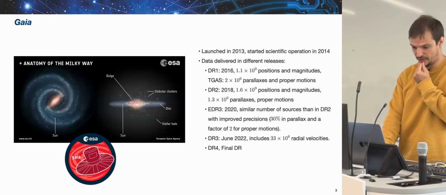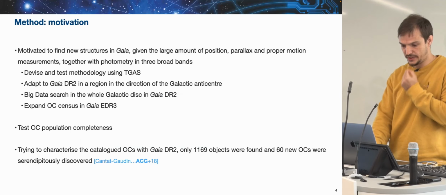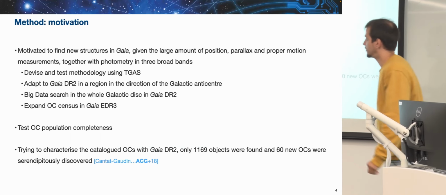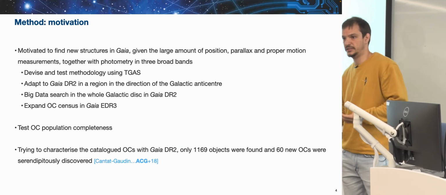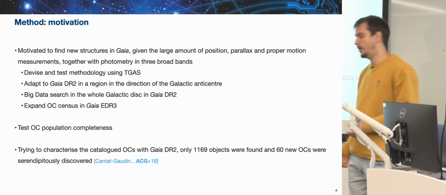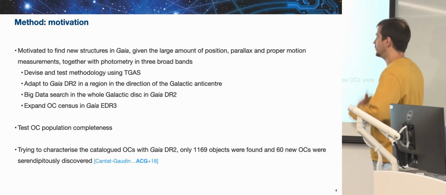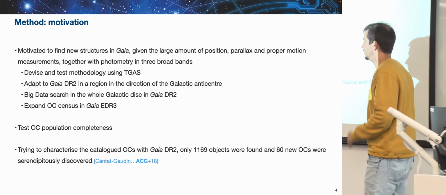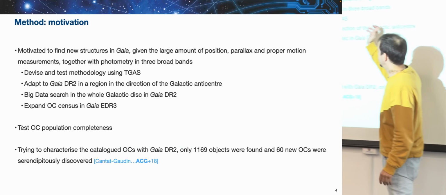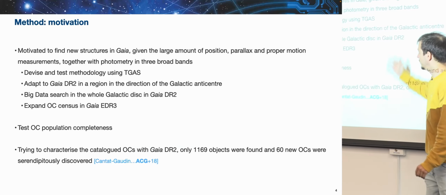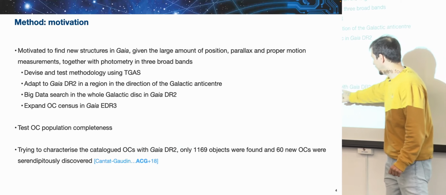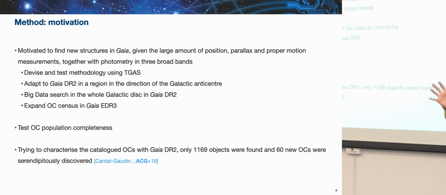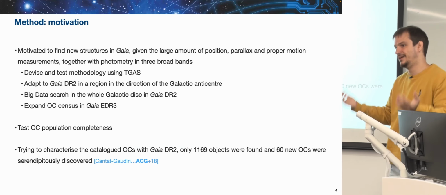I said that we're going to talk about how we detected the open clusters. This method was motivated to find new structures, because it's the first time with Gaia that we have this wealth of data. So we need to find the structures in this homogeneous data set. Plus, we had a catalog of open clusters previous to Gaia that counted around 3,000 objects.